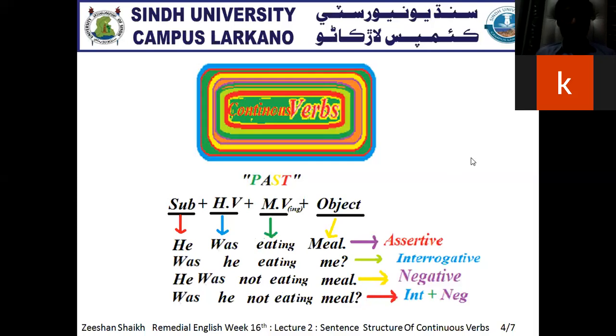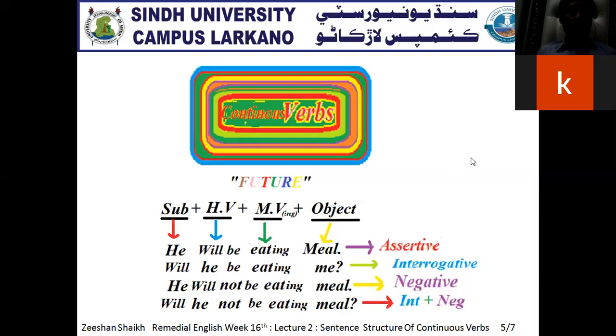Now the third one, that is the future continuous tense. In this, most of the students usually make mistakes, especially in the helping verbs. Let me tell you the complete formation of future continuous tense in assertive, interrogative, negative, and interrogative plus negative.